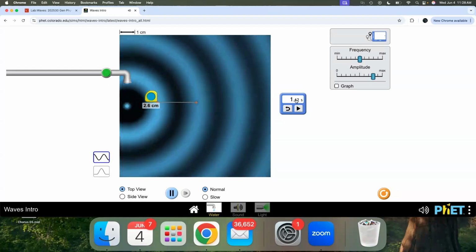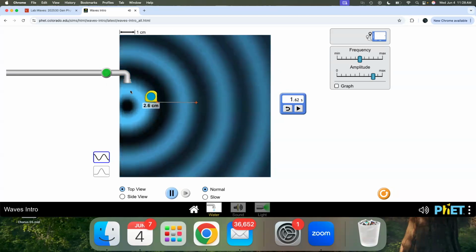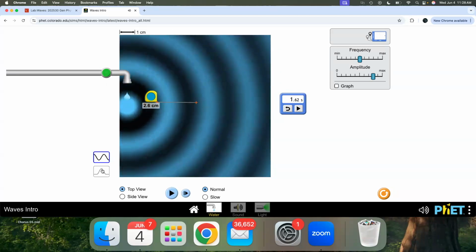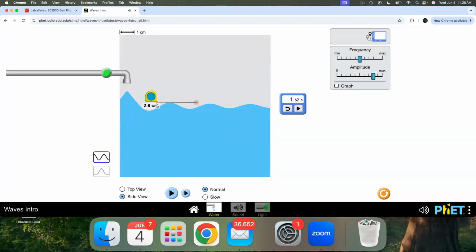Period is the time from one drop to the next. I could look at this same view sideways. Here we go, side view. So wavelength is the distance, and period is the time in between drops.